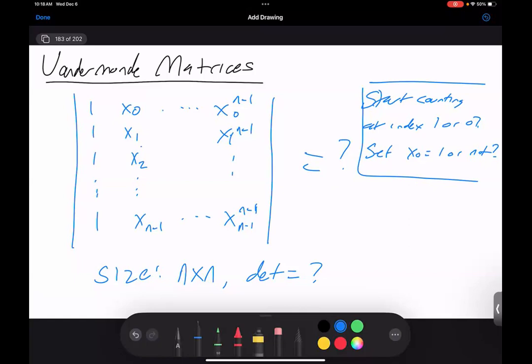Okay, so that's a very special Vandermonde matrix. The more general one has some extra parameter x naught, which may or may not equal 1. What I like about this notion is that if I have an n by n matrix, I have n parameters.